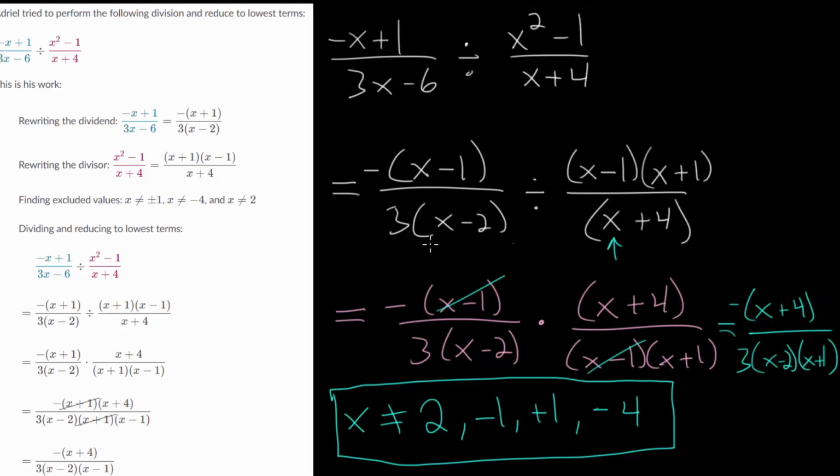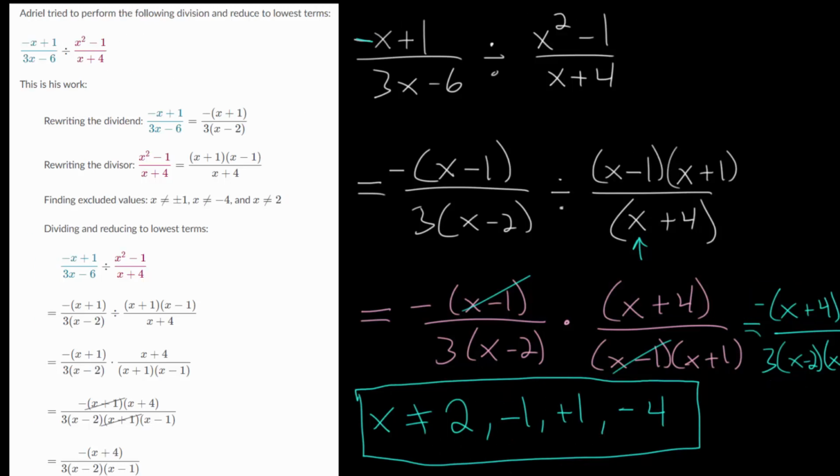And you can see now why it was beneficial to factor out that negative sign in the first part of the problem. And sometimes it's not going to be helpful, but in this case it definitely was, since we had an x minus 1 in the denominator here that could be canceled out. So this would be our fully simplified fraction, and we also have all of the excluded values listed here.